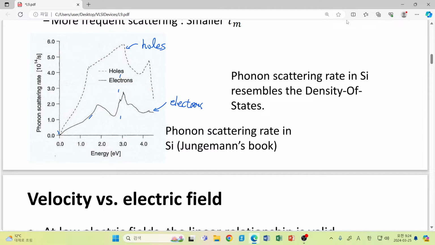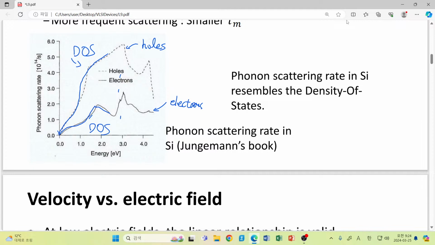You must understand this graph just follows the density of states of your conduction band. Also, this curve just follows the density of states of your valence band. Simply speaking, the scattering rate, how frequently our electrons and holes are scattered, is almost solely determined by what?